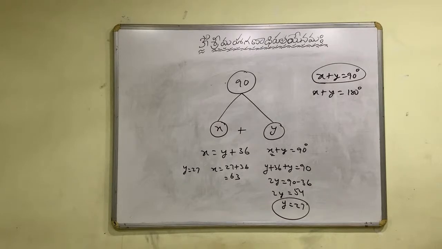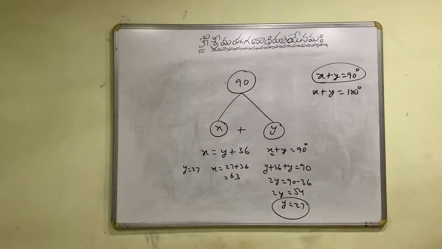Okay. Here we have to be careful. How? Given two angles are complementary, that means x plus y is equal to 90. And not only that, given one of the complementary angles, let x is equal to y plus 36.